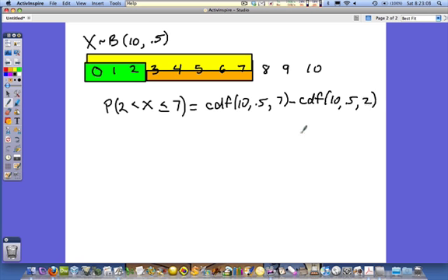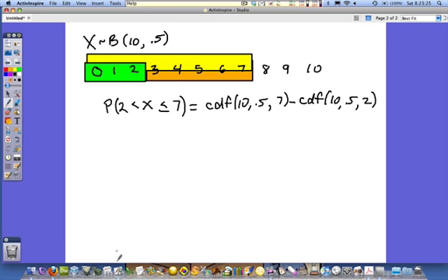And that's how we do it. So you can combine CDFs together to find the probability of anything you need. There's not a statement I could write that you couldn't find the probability of with CDFs. So that's pretty cool. Now let me show you how to actually do this with the calculator.